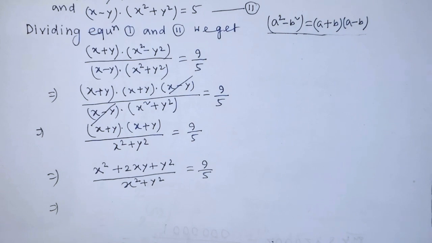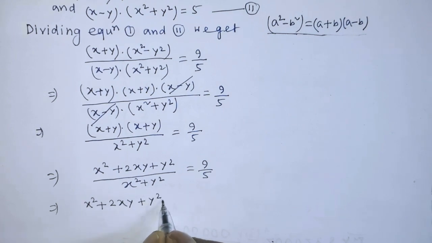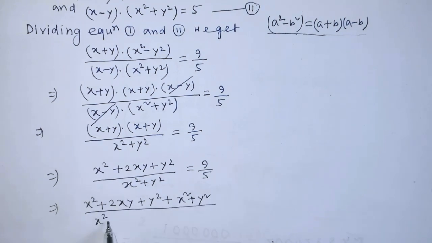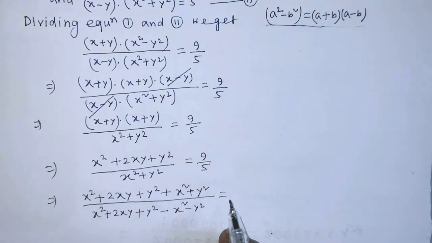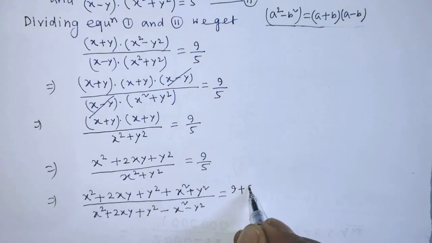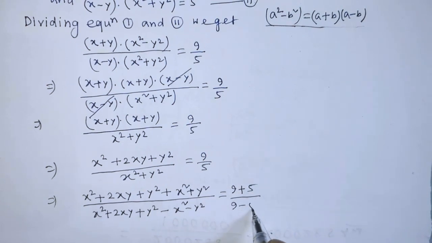So students, by componendo and dividendo we can write from this equation (x² + 2xy + y² + x² + y²) over (x² + 2xy + y² − x² − y²) is equal to, similarly, from 9 over 5, (9 + 5) over (9 − 5).